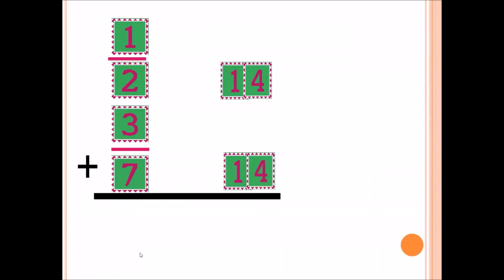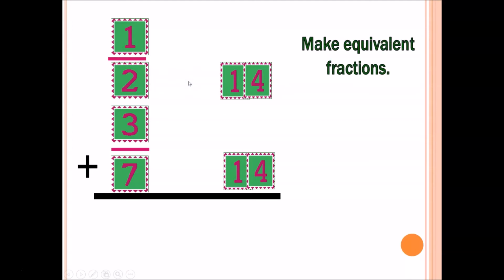After getting the LCD, we can now proceed to rewriting the fractions into like fractions. Instead of 2 and 7, we're going to write 14 as the denominator of these two fractions. What are we supposed to do with 2 to become 14? We multiply by 7, right?